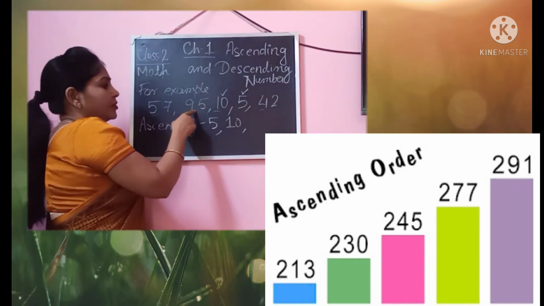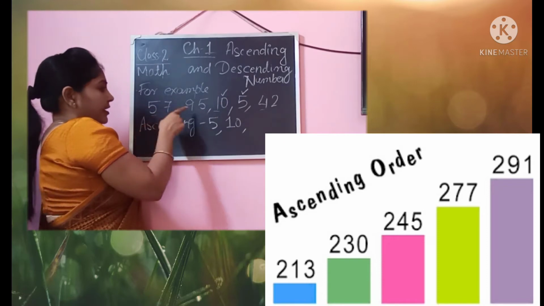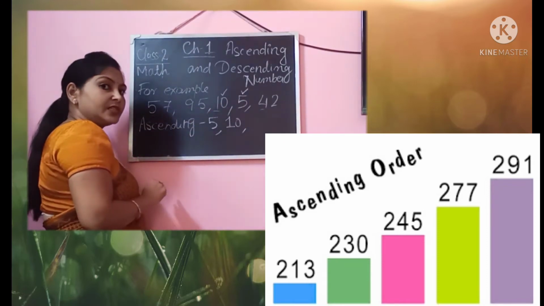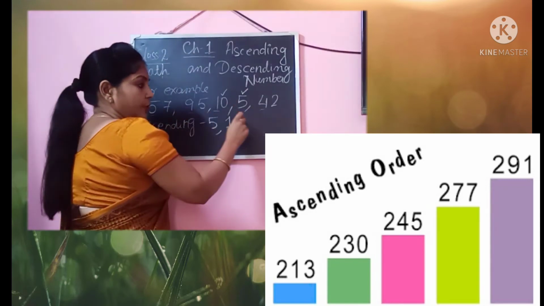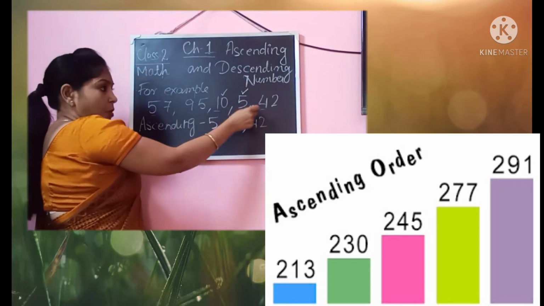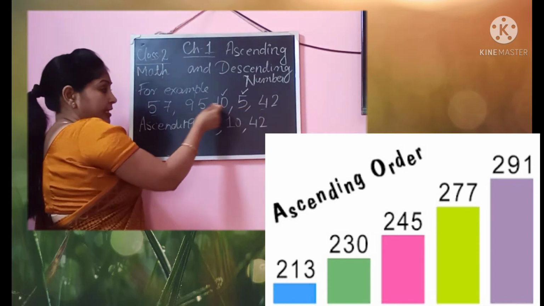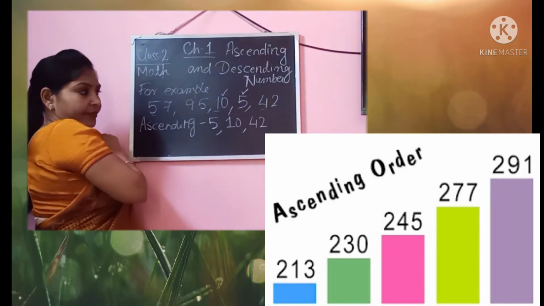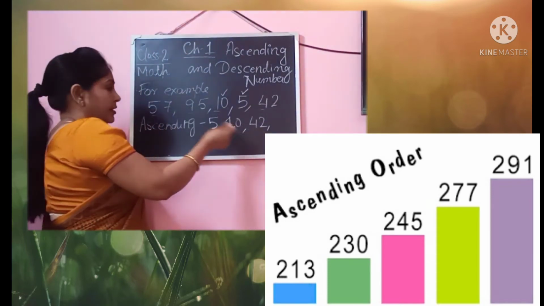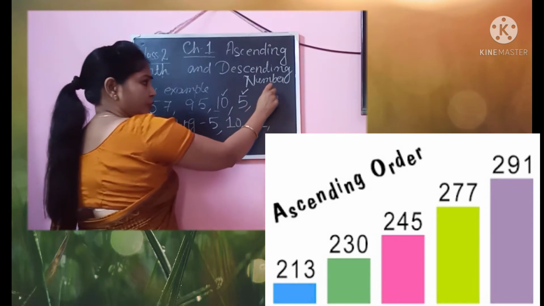Now we are left with 3 numbers: 57, 95, 42. Among these 3, which one is the smallest? 42 is the smallest, because 4 is smaller than 9 and 5. Okay. After 42, the next bigger number is, now 42 is also done.